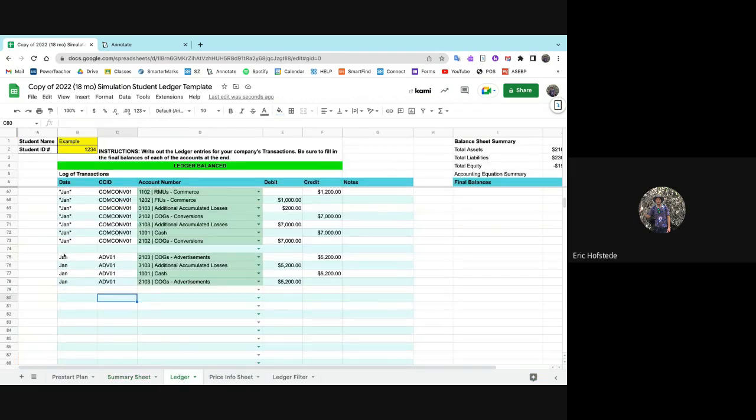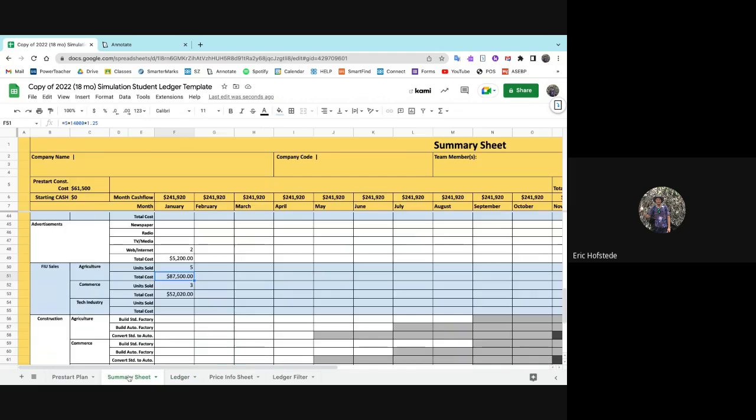So still in January, we got our commerce. Sorry, let's start with agriculture FIU. First thing that happens is I actually give away my FIUs. So I'm going to find my FIU for agriculture, and I'm going to get rid of all, how many did I have? 5.